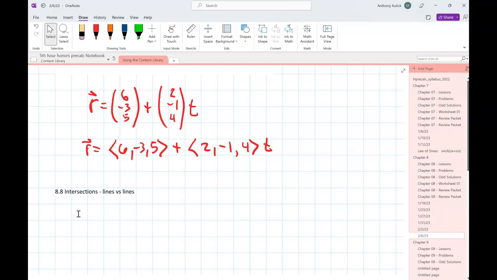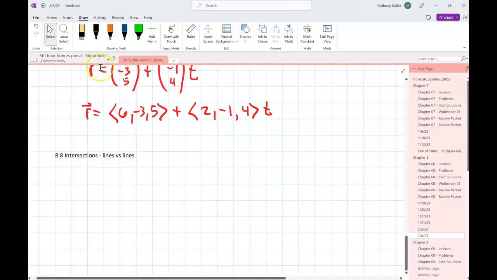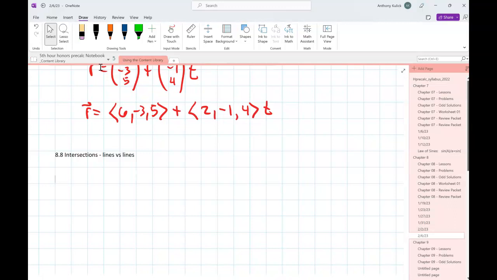Now, we're working in three-dimensional space. What are the possible interactions we can have with two lines in three-dimensional space? Three of them you should know automatically.